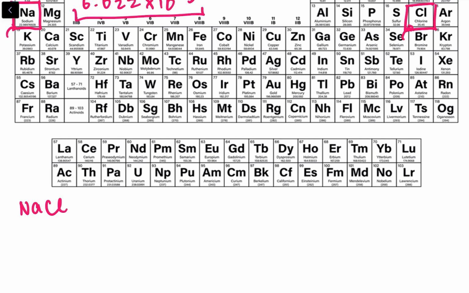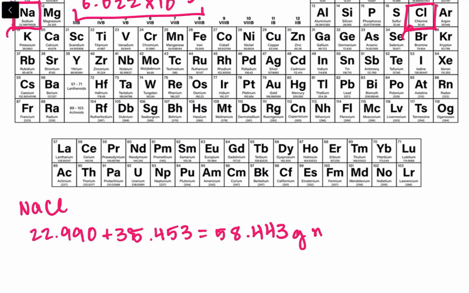So the molar mass of sodium chloride is 22.990 plus 35.453, which gives you 58.443 grams per mole.